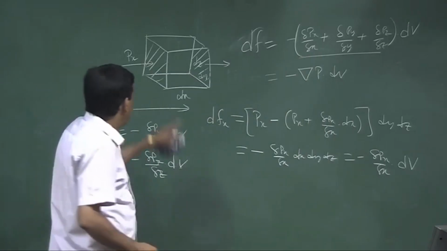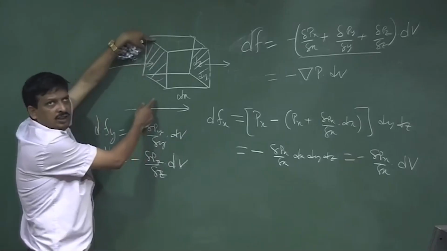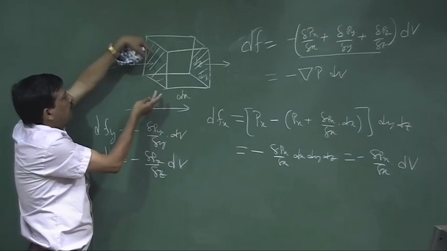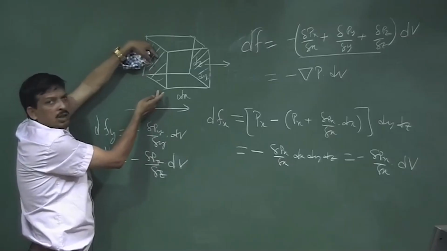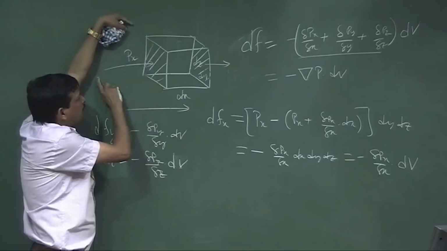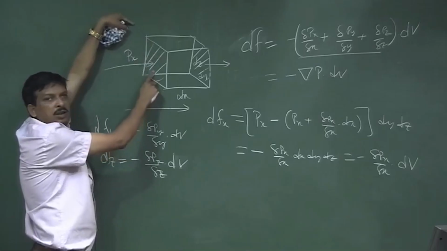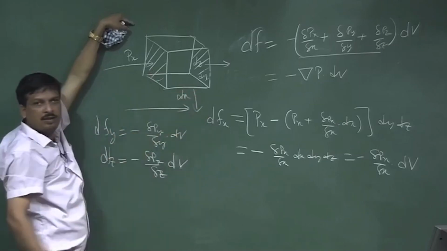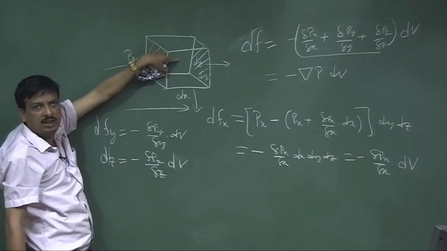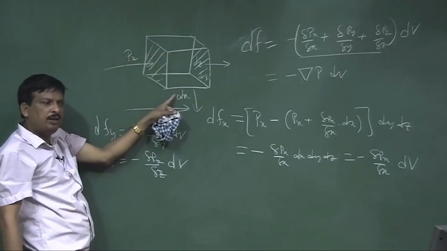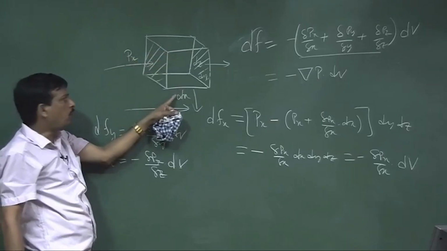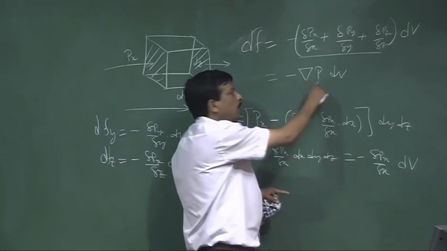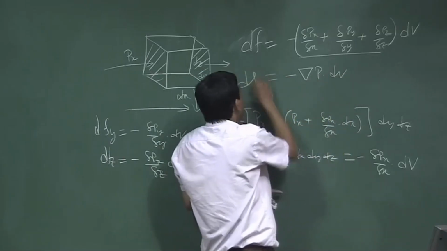Now, if this is a volume in an acoustic plane, and the whole thing is a liquid, this volume is not only exposed to the pressure force, but also to the gravitational force. Gravitational force will only work this way. If I consider the volume here, there is a gravitational force, g. So, the total force is this force plus the gravitational force.